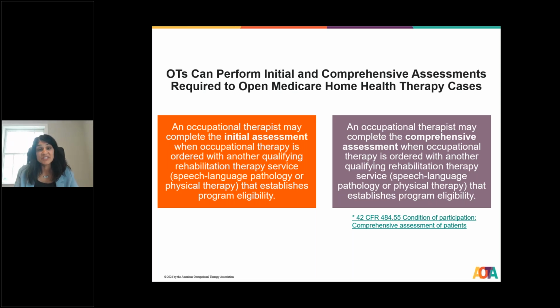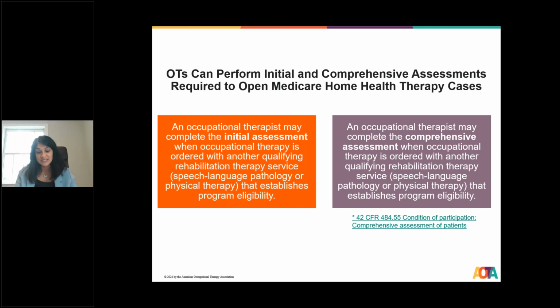During that period of time, there was a law passed in 2020, and then through the rulemaking process, we'll talk about in a moment, on January 1 of 2022, OT practitioners were allowed to complete an initial assessment and a comprehensive assessment when OT is ordered with another qualifying rehab therapy service, such as speech language pathology or physical therapy, as Judith mentioned.